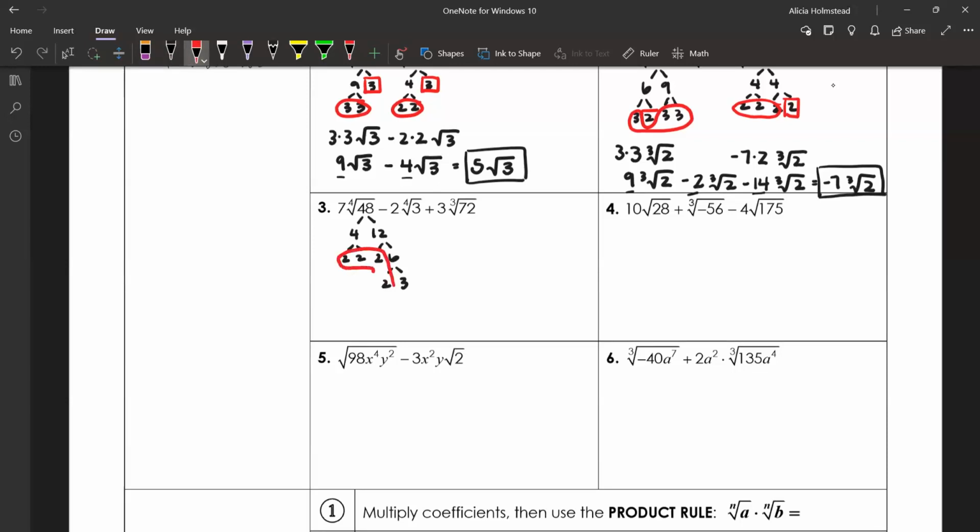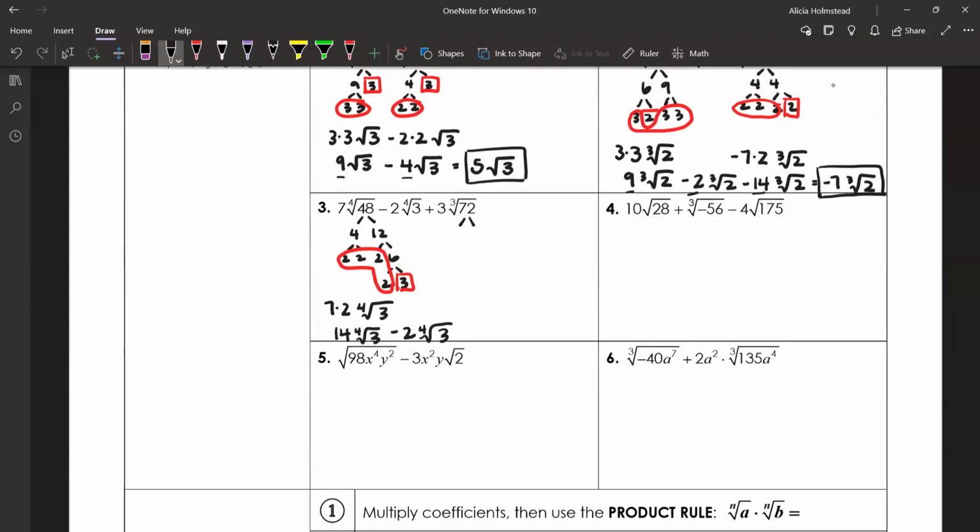Looks like we've got 4 2s and a 3 left over. So that's going to be 7 times 2, 4th root of 3, which will be 14, 4th root of 3. The next one doesn't break down because 3 is prime, so we'll have -2, 4th root of 3.